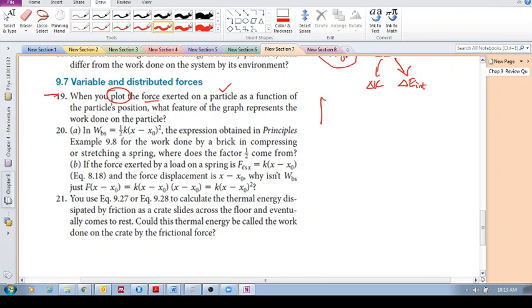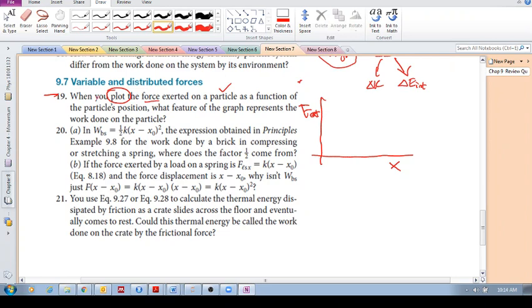So if we've got force, right, remember these are always external forces, but if you've got a particle, then the particle is just a little dot, right? And you've got the position. So this could be anything.